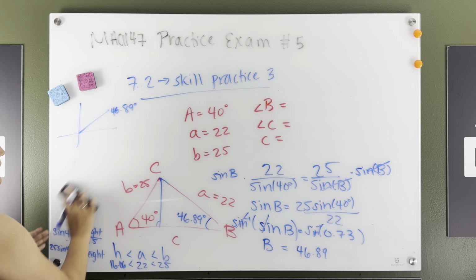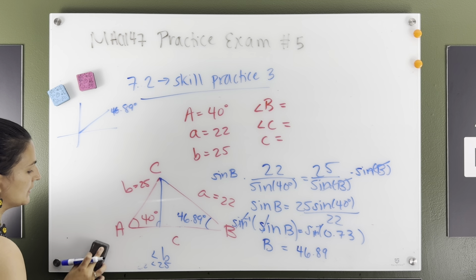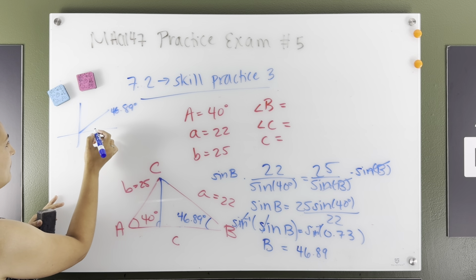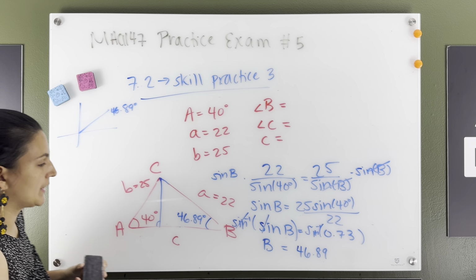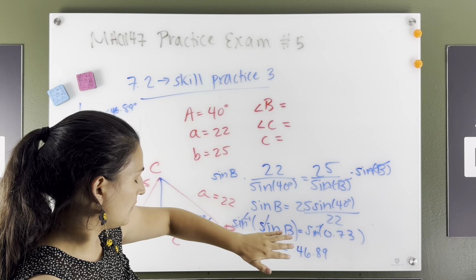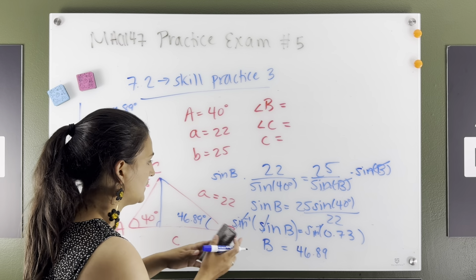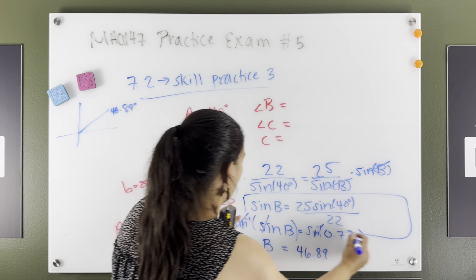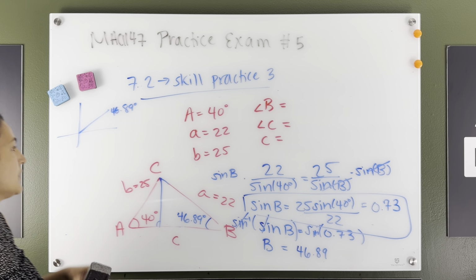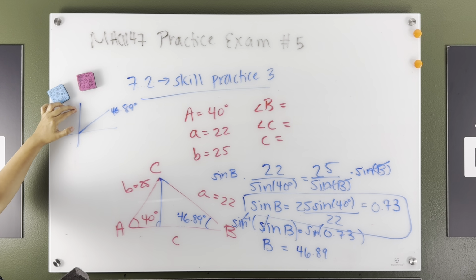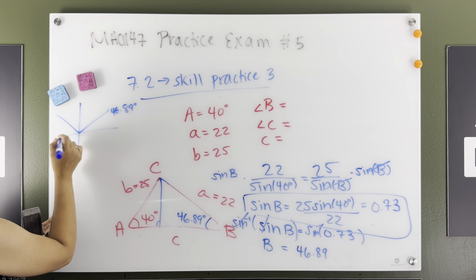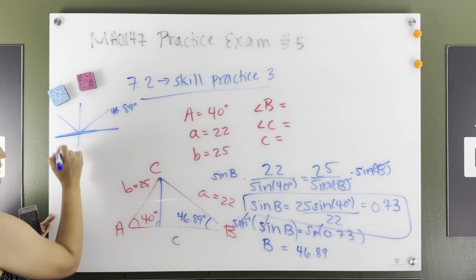Okay, and so let's go ahead and see what that other angle is going to be. Remember that, scratch out arcsine for a second and go back to the fact that sine of B is a positive value. Remember that sine is positive in the first and second quadrant, right? Y is sine, right? So we're going to find the second quadrant angle. How would we do that? Well, this line is 180.